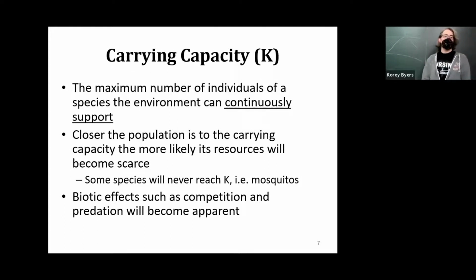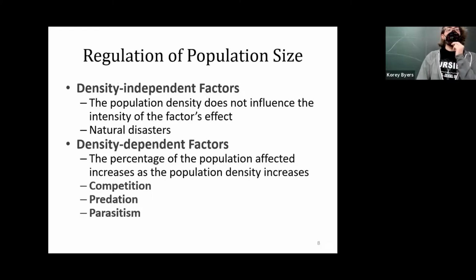And so other effects such as competition and predation become extremely noticeable when a population is at that carrying capacity, because they're always bumping into each other. They're always trying to utilize that same resource. And this thing called competition plays a big role when we get into the concepts of chapter 45, things competing over the same thing.